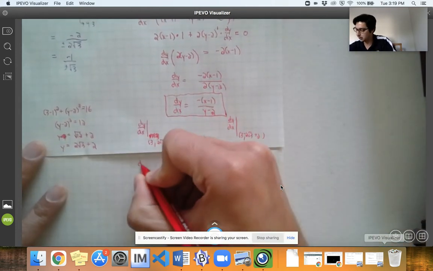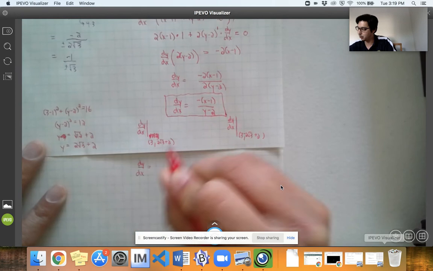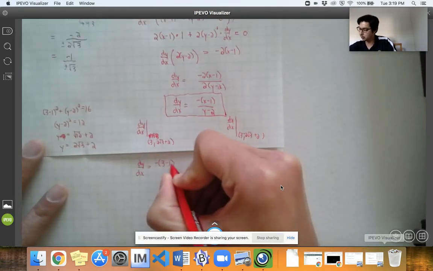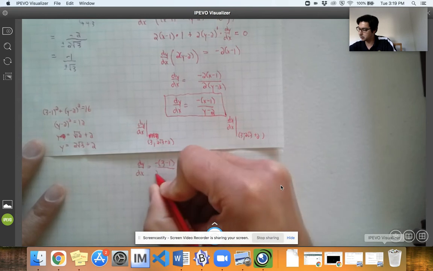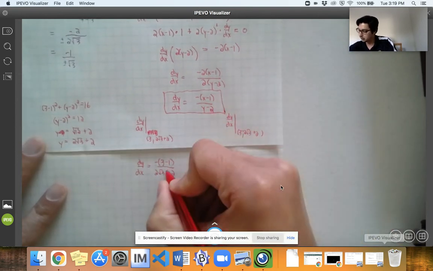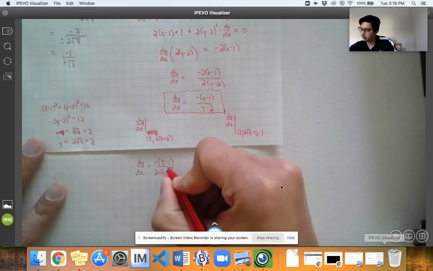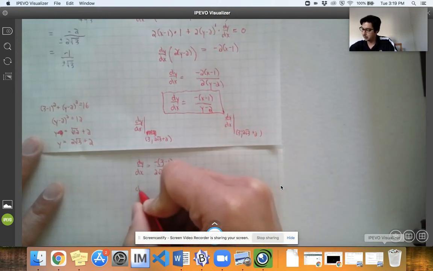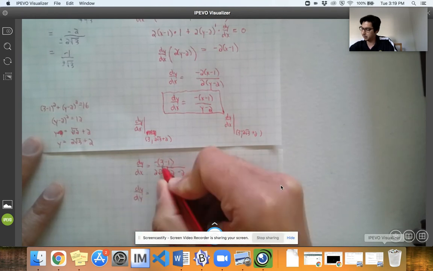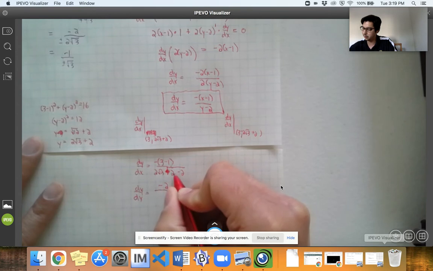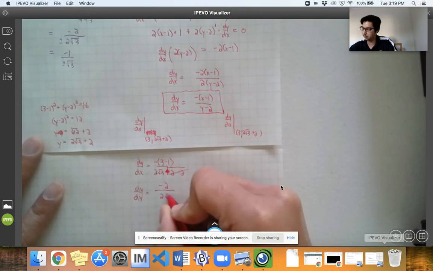Okay. Now, if we do the math here, the first derivative, dy/dx, at that point. So x is 3, so it's going to be negative (3 - 1) over y, which is 2 root 3 + 2, minus 2, sorry. Oh, wait, 2 root 3 + 2 is my point, and then minus 2. Got it. Simplifying farther, 3 - 1 is 2, so I'll get negative 2 over, the positive 2 and negative 2 go to 0, so I'll just get 2 root 3.